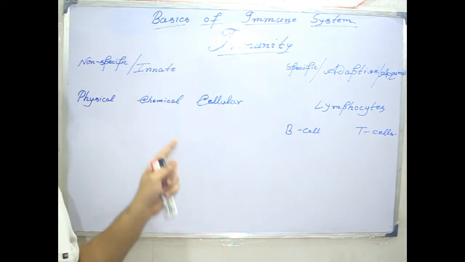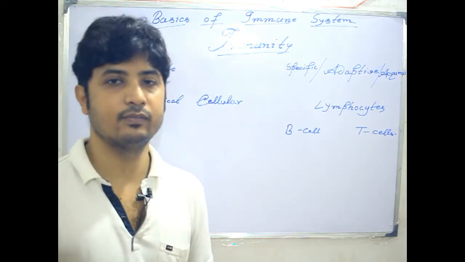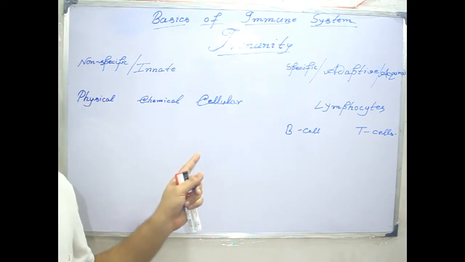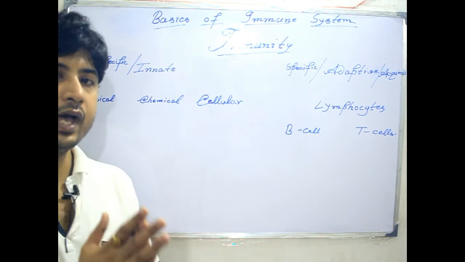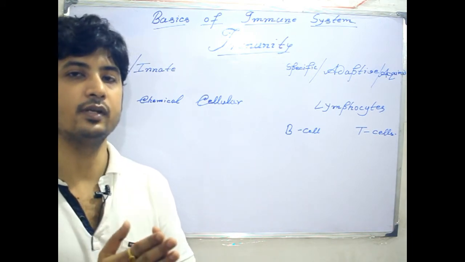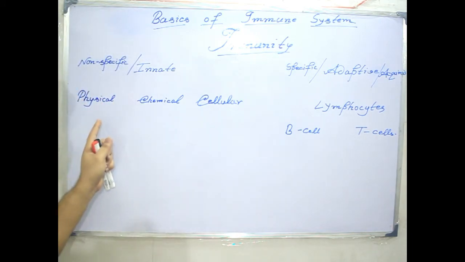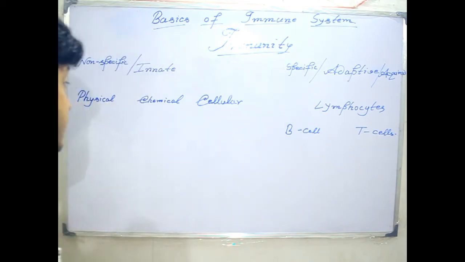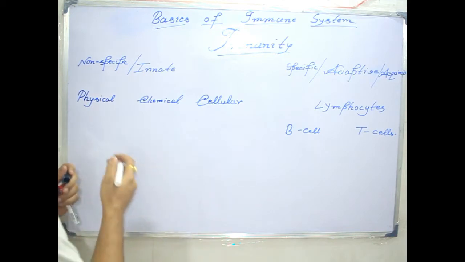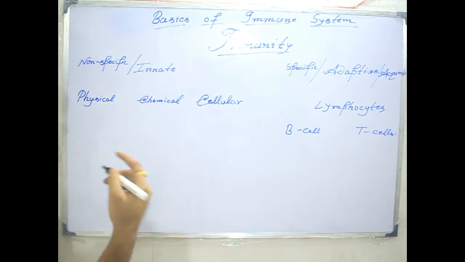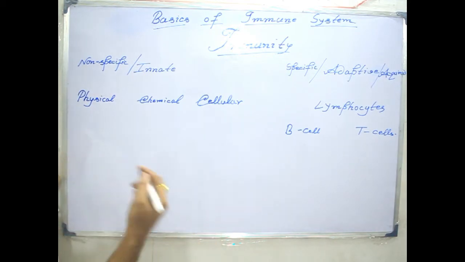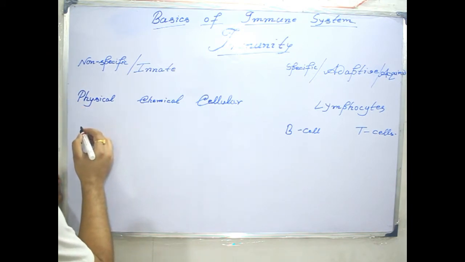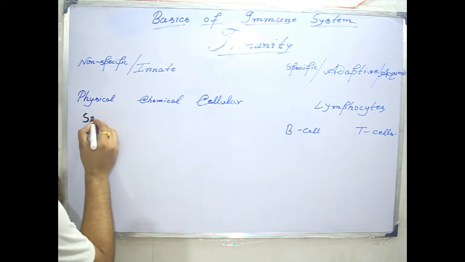Now the innate system works in three ways. That is the physical, chemical, and cellular levels. So there are three levels where innate immunity is working. In case of physical innate immunity, it is also referred to in different books as anatomical barriers. So in physical, you can say, like skin.